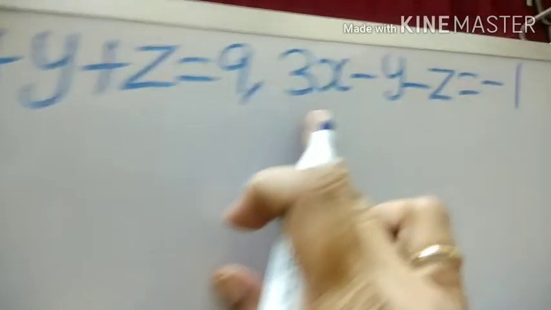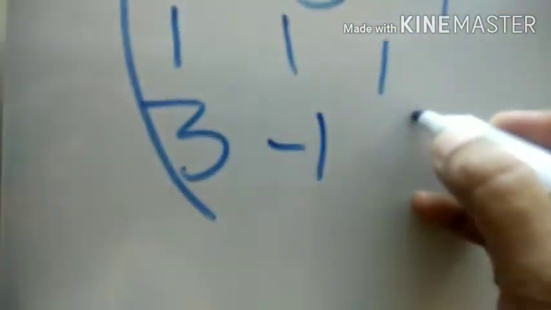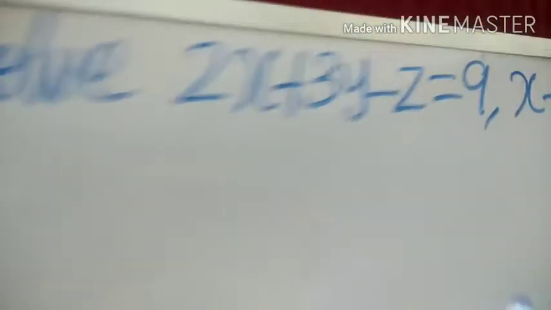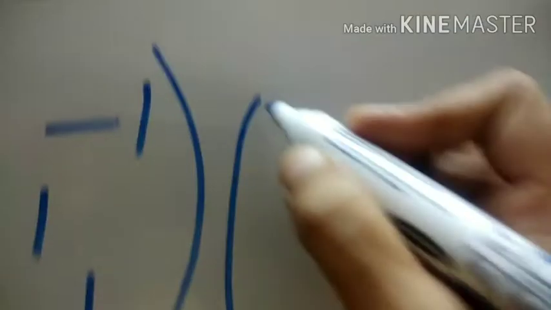Third equation, I get 3, minus 1, minus 1. Into, what are the variables coming in the equation? x, y, z.